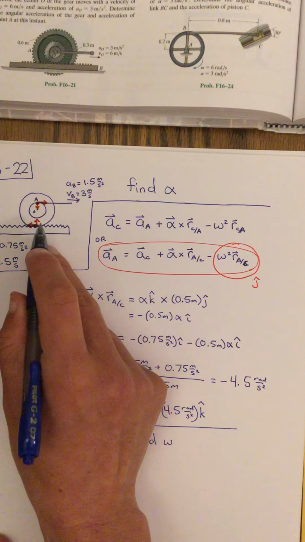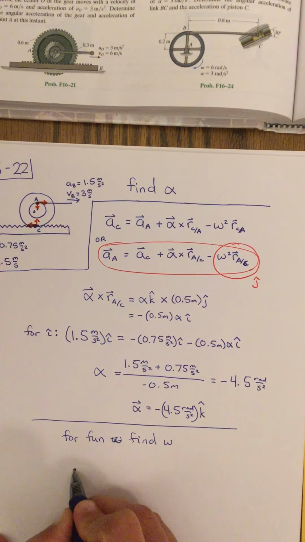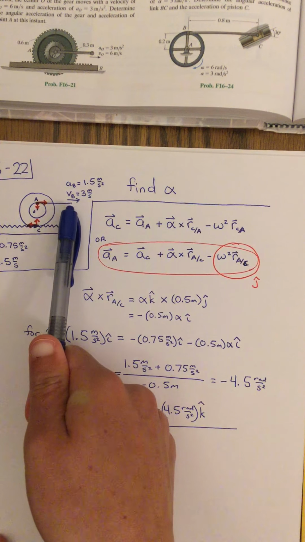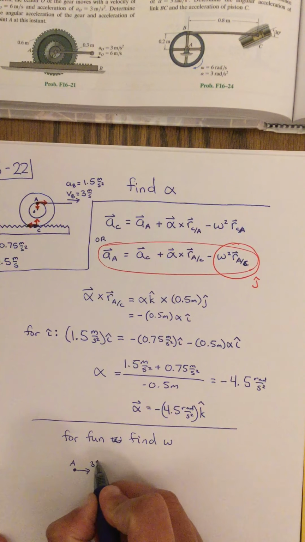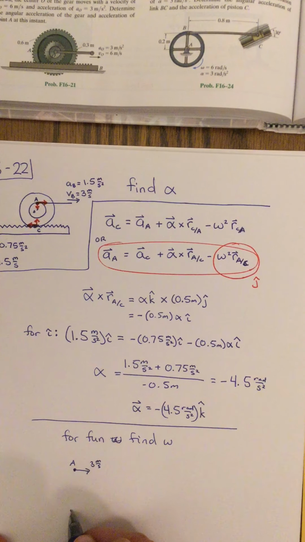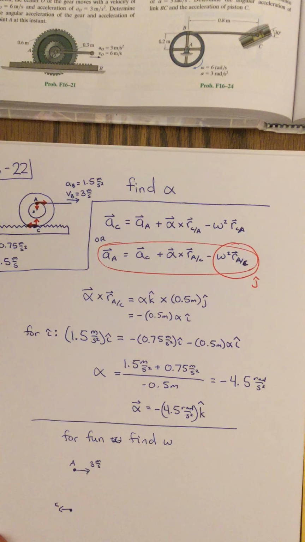Okay, I'm going to redraw what I have up here, sort of, down here. This is point A. The speed of point A is 3 meters per second this way. Down here I have point C, with a speed of 1.5 meters per second going the other way.